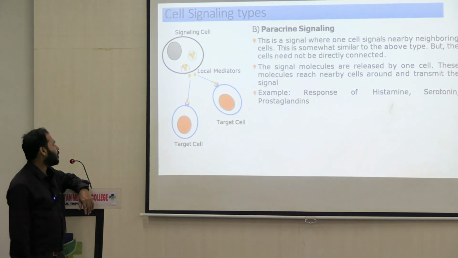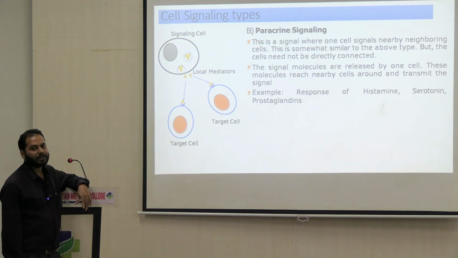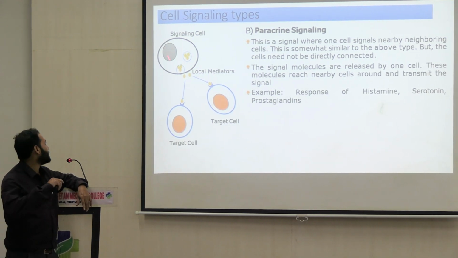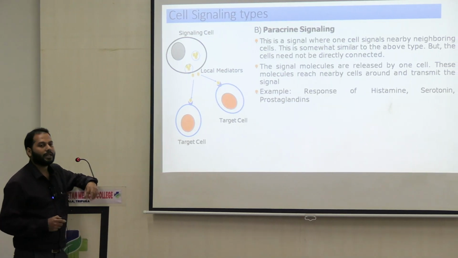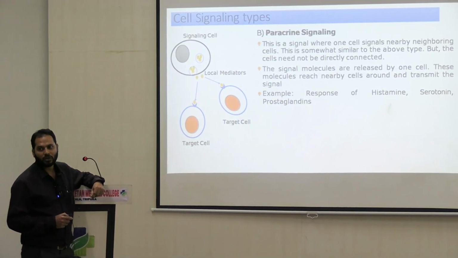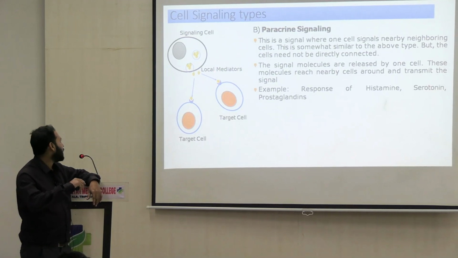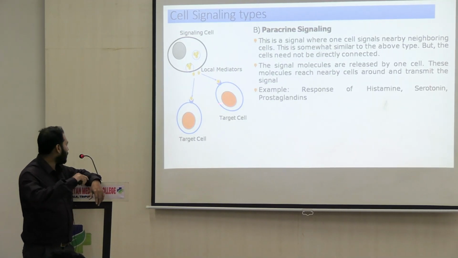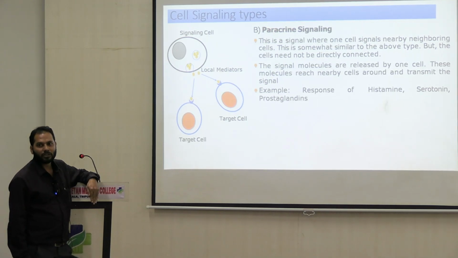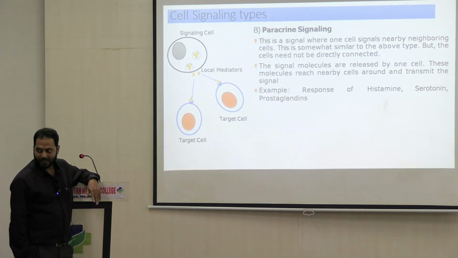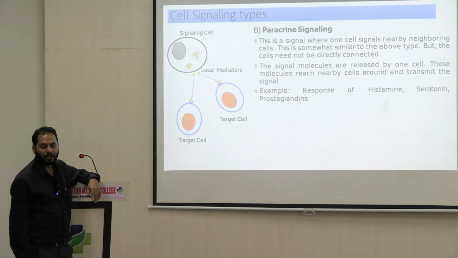Another important type is called paracrine signaling. So what does it mean? You can see the first cell is called the signaling cell. It contains some vesicles. Those vesicles contain the mediators that are released, called local mediators. And if you see, the target cells are not so far from the cells from where mediators are released, right? So this is the special feature of paracrine signaling.